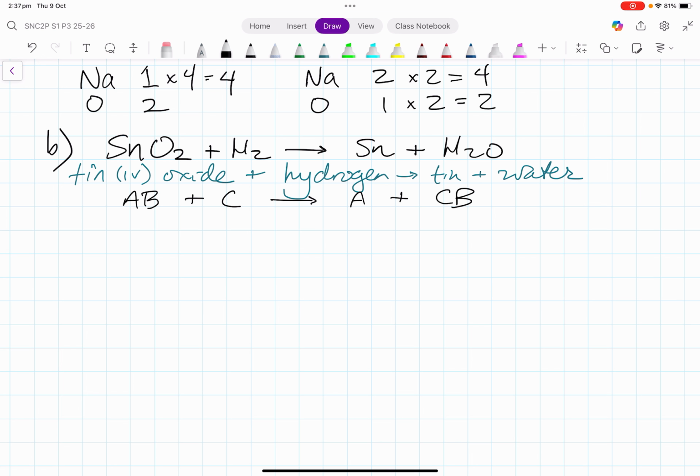Or we can go compound plus element gives us a new element and a new compound. So we've got somebody single showing up to the dance, meeting a couple, and you got yourself a new couple, or compound, and a new single, tin. And we remember that if this happens spontaneously, it's actually in our favor.